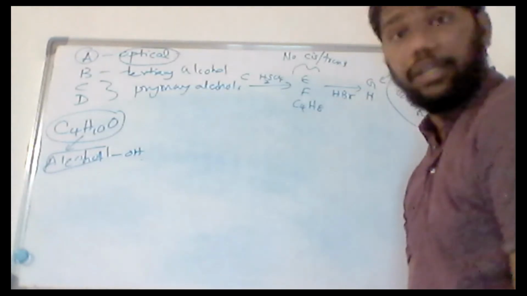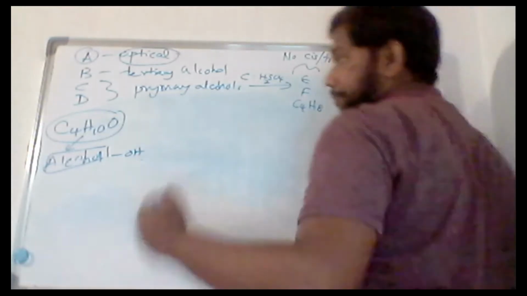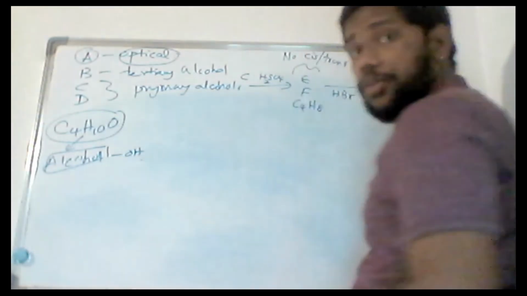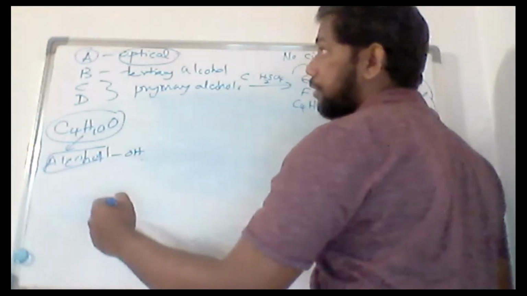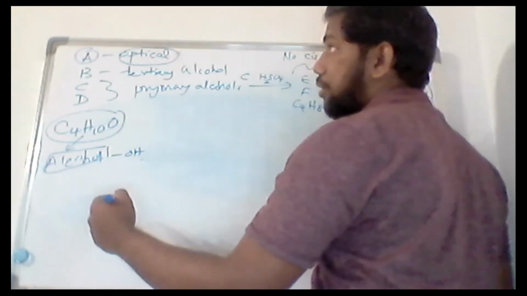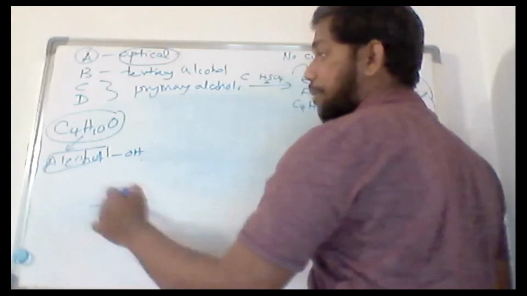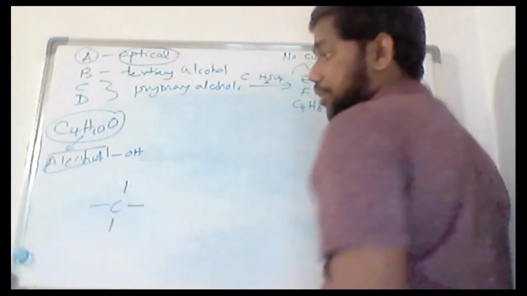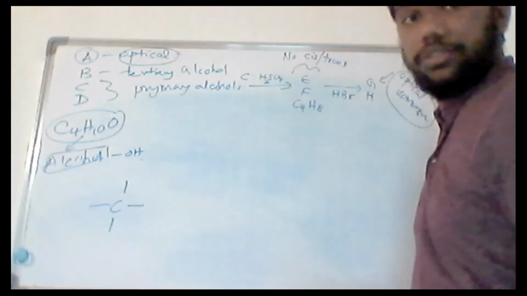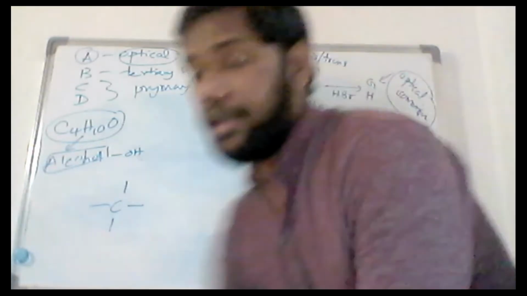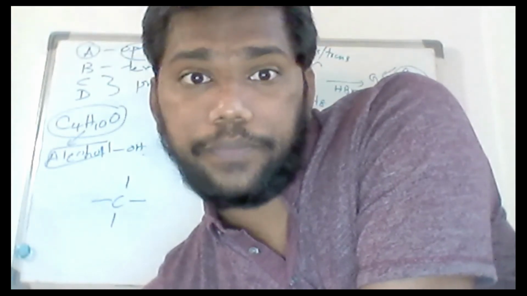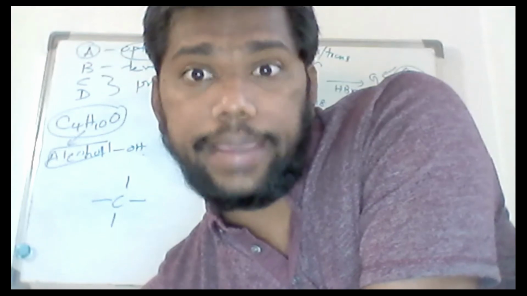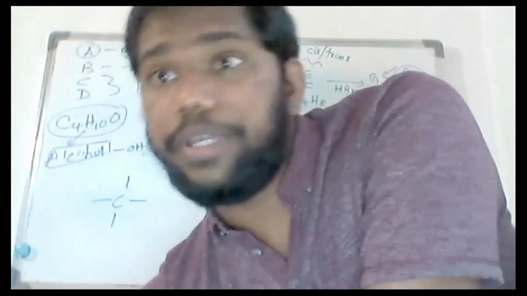Now A is optical, which means I can try to draw A. It is optical, so there should be a carbon with four different groups. One more thing to check: they have given that only A shows optical isomerism.